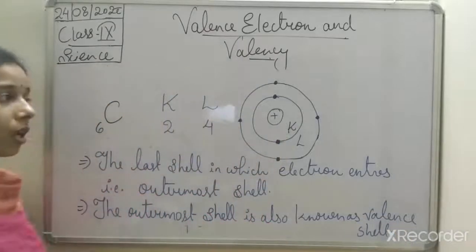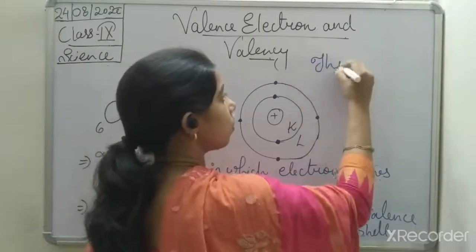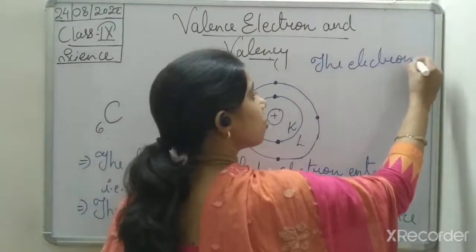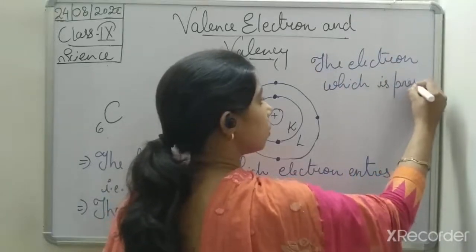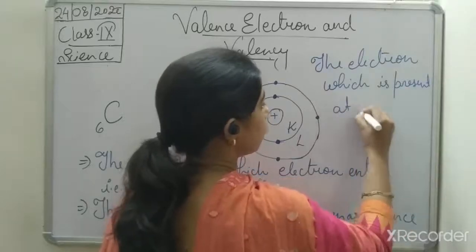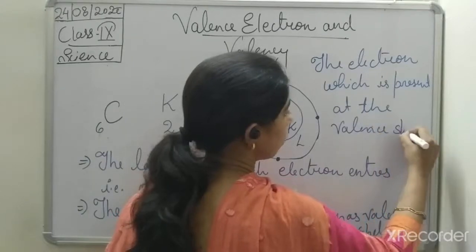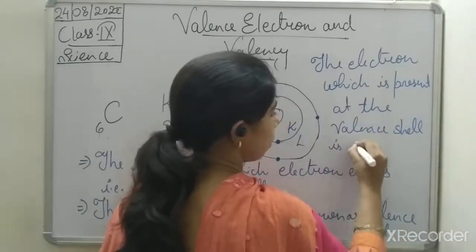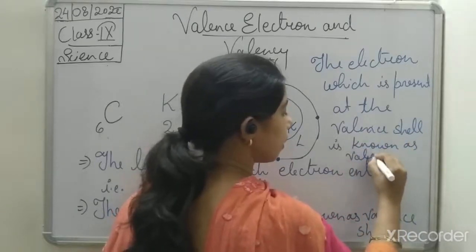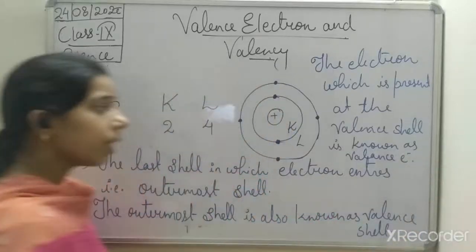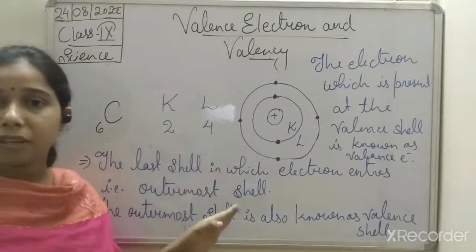Okay, the outermost shell is known as the valence shell, and the electron which is present at the valence shell is known as the valence electron.